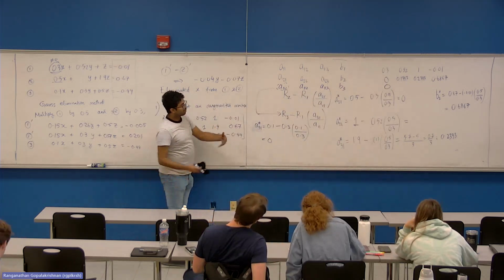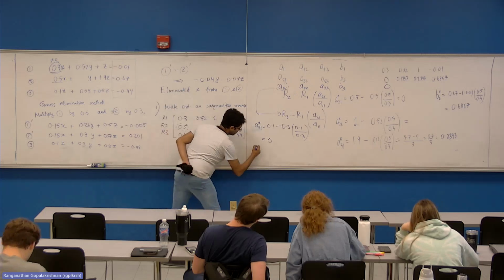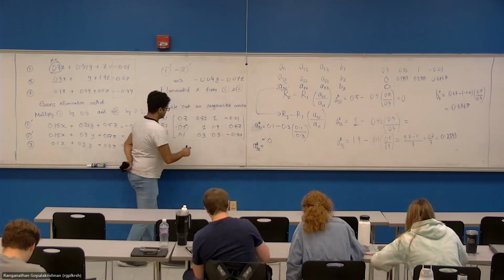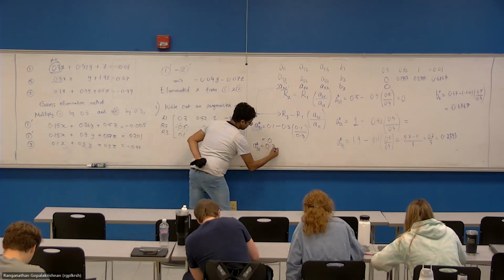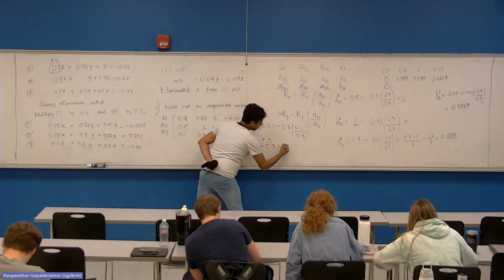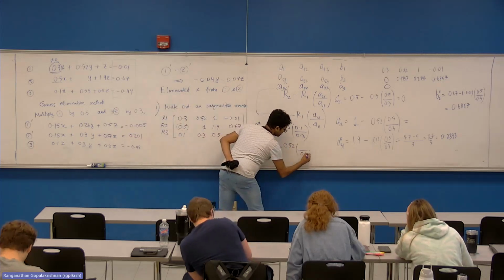But that will not automatically guarantee the next term is going to be 0. What is the next term? A32 star is 0.3 minus 0.52 divided by 0.3 times 0.1.